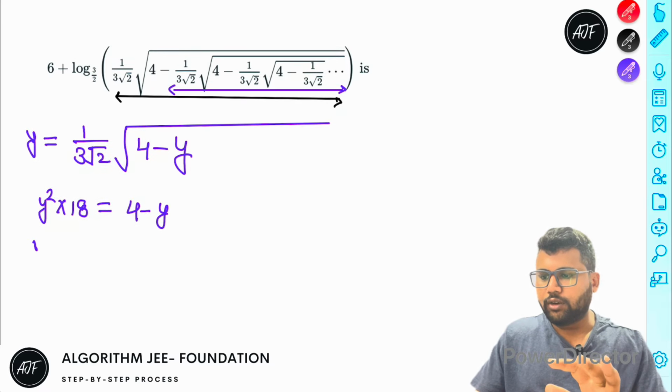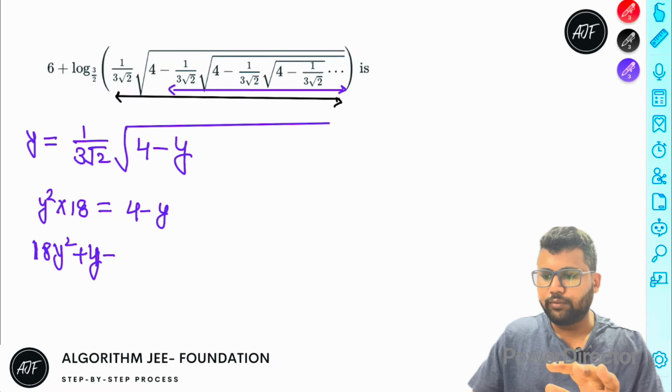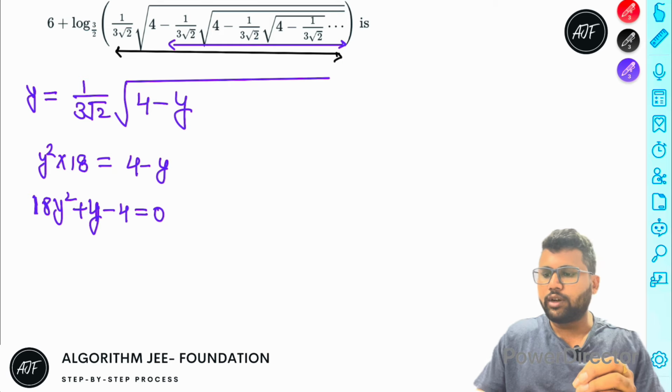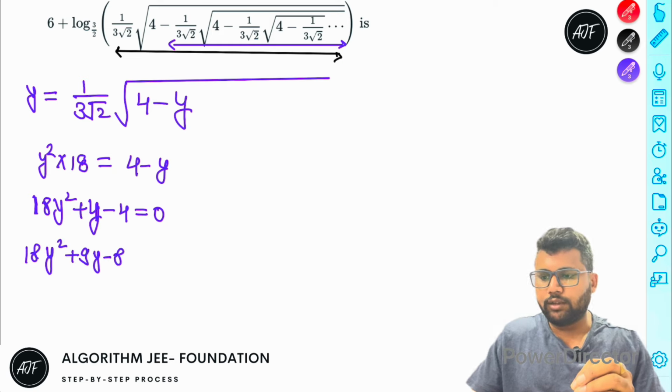And if you solve the quadratic equation, 18y square plus y minus 4 is equal to 0. Now 18 into 4 is 72, and 72 has two parts, 8 and 9, so 18y square plus 9y minus 8y minus 4 is equal to 0.